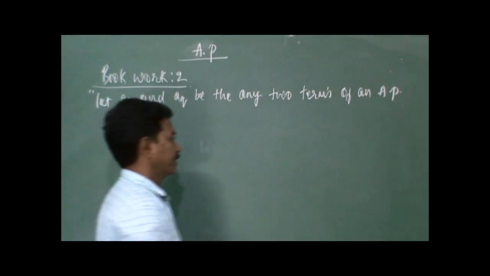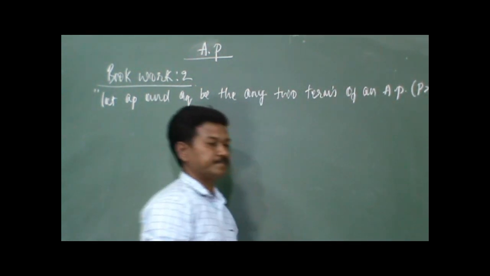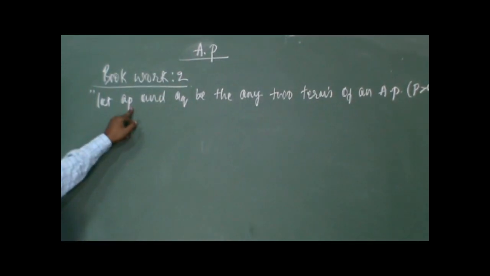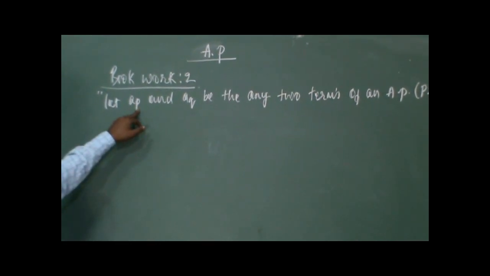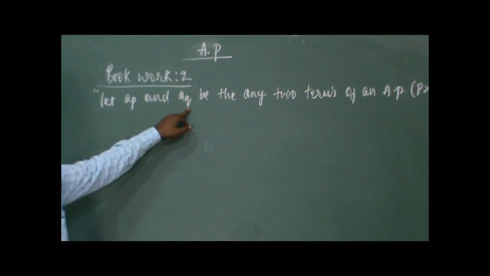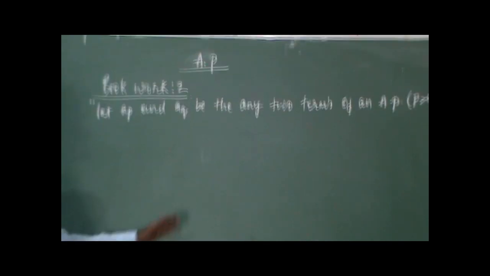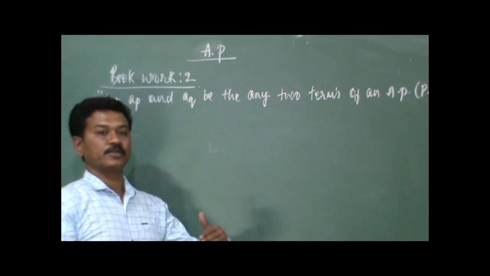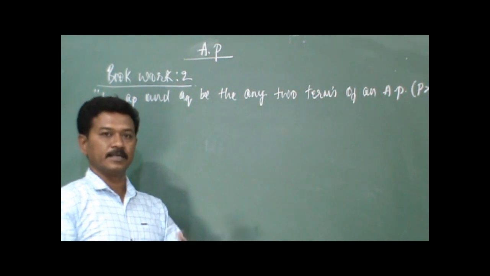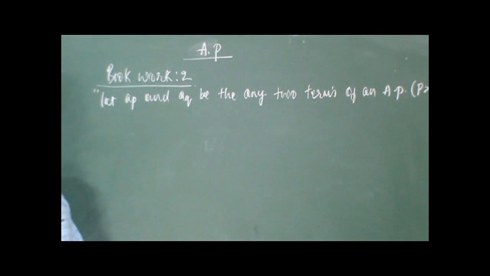The condition is that P is greater than Q. That is, AP stands for some term and AQ stands for some other term where P is greater than Q. When I write P is greater than Q, it is understood that in that AP there are two entirely different terms. So when two different terms of an AP are given, we have to find the value of D, that is the common difference.